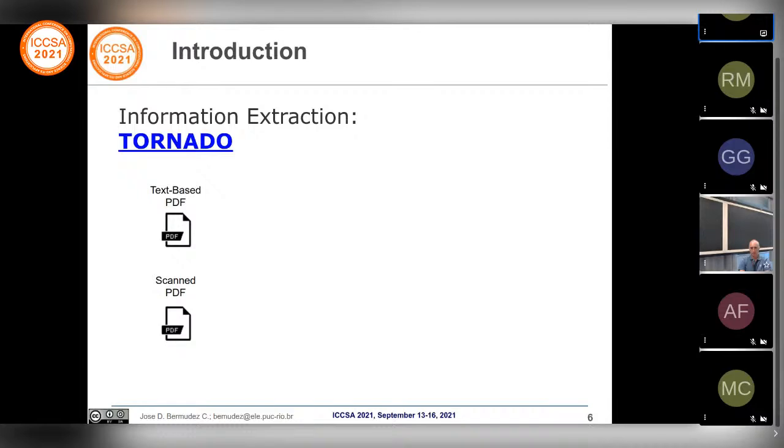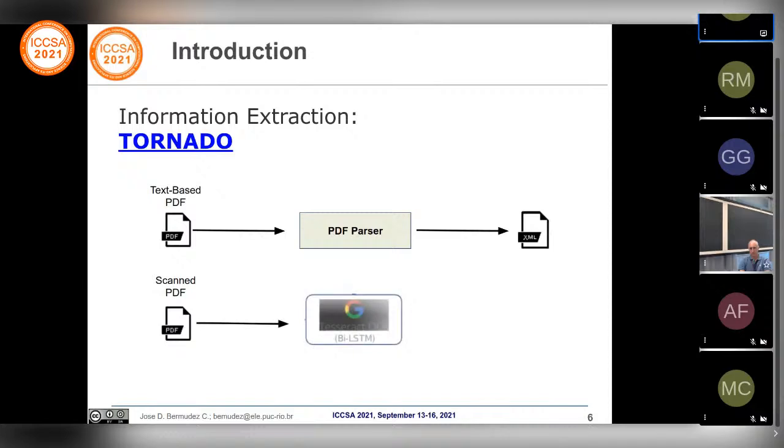So in the case of text-based PDF, Tornado uses a PDF parser that converts this information into an XML file. And in the case of the scanned PDF, Tornado uses the Tesseract algorithm, an algorithm for OCR, to convert the images into text, and then this text is also tagged into an XML file.